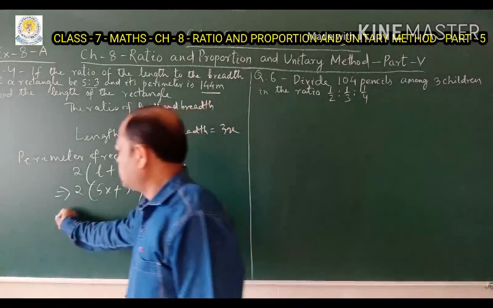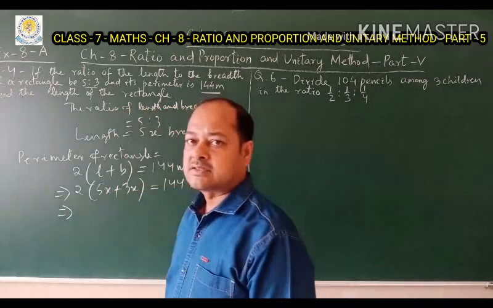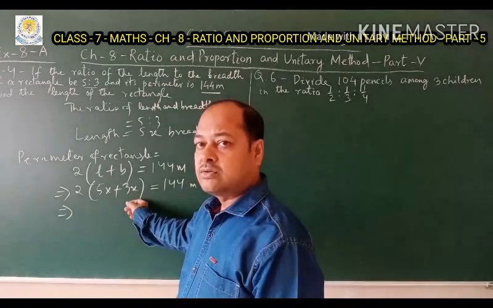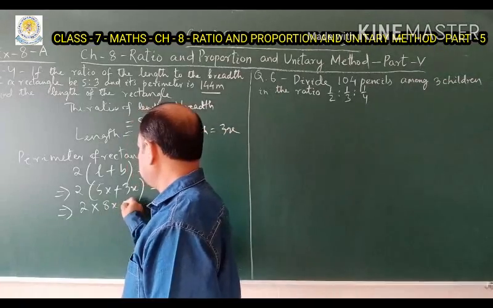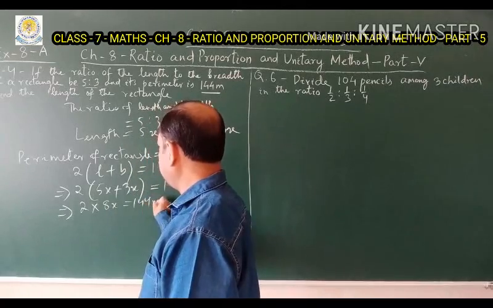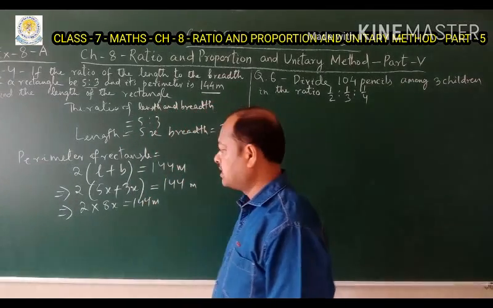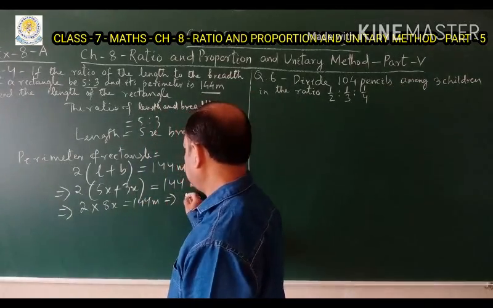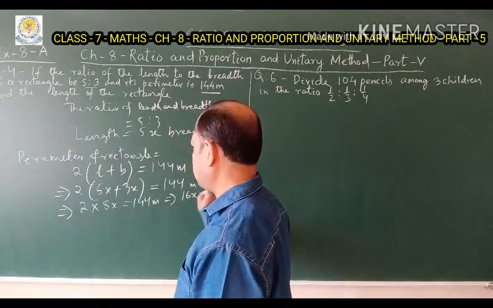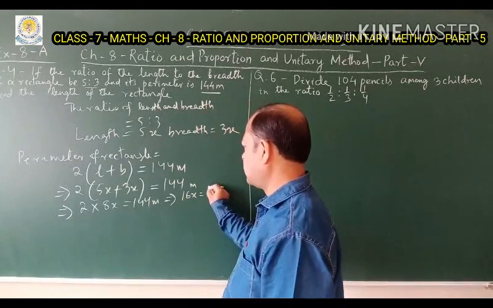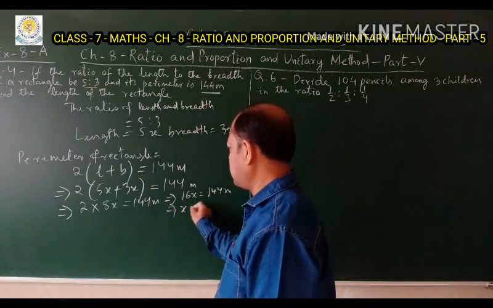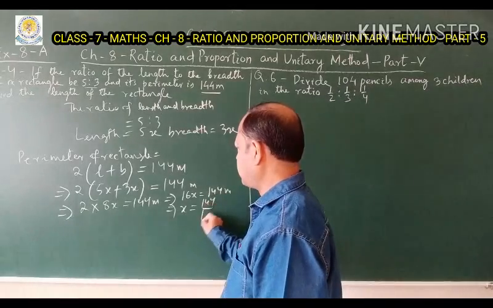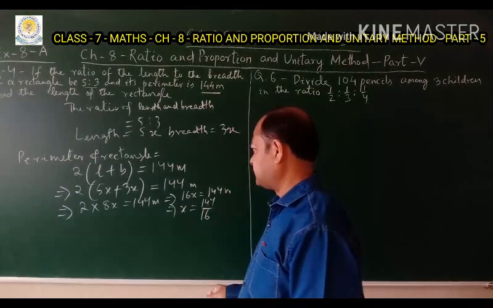So here 5x plus 3x is equal to 8x. So 2 into 8x equal to 144 meter, or 16x equal to 144 meter, or x equal to 144 upon 16.